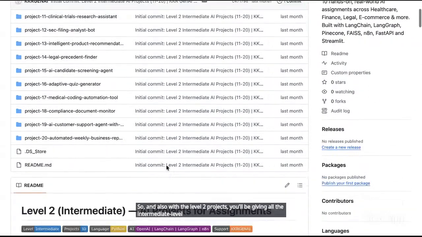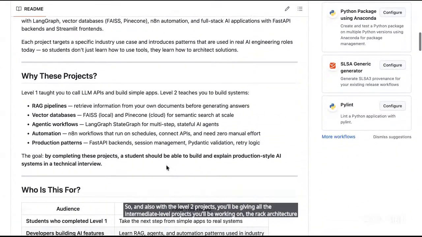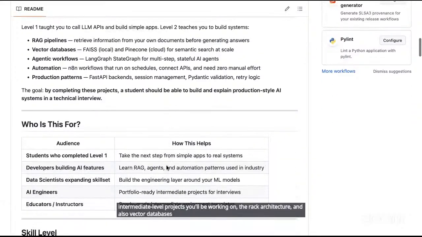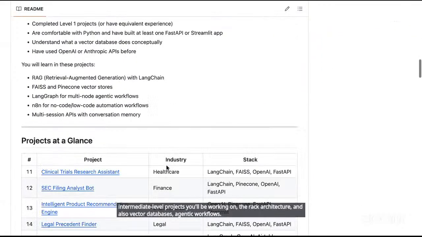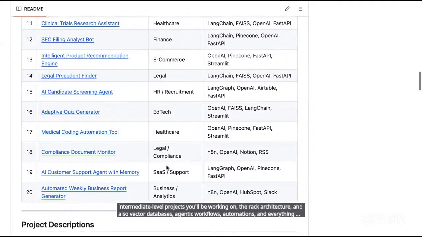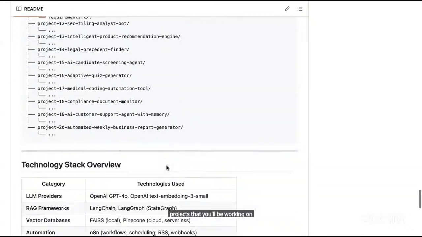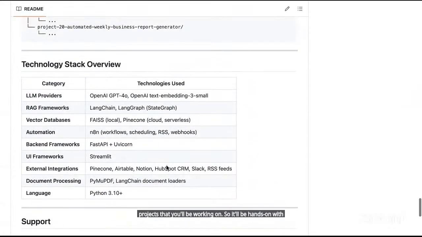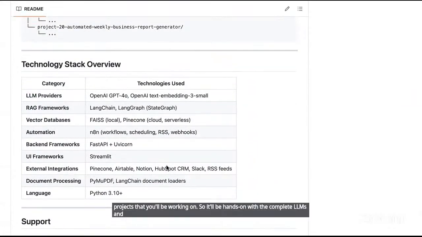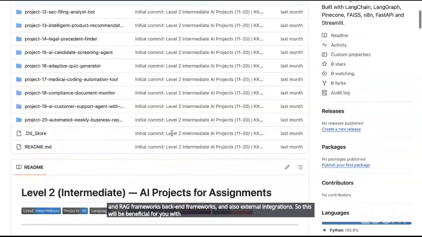You'll be working on the RAG architecture and also vector databases, agentic workflows, automations, and everything with 10 different domain and industry projects. So you'll be hands-on with complete LLMs and RAG frameworks, backend frameworks, and also external integrations. So this will be beneficial for you with the level 2 projects.